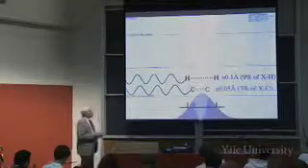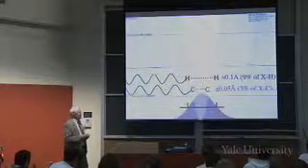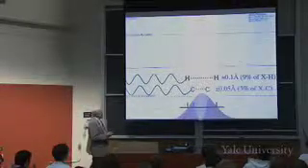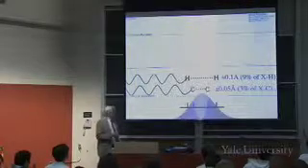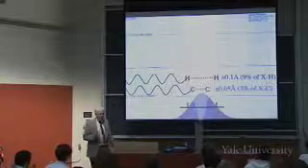So the hydrogen vibrates by 0.1 angstrom, 9% of the distance. The carbon vibrates only half as much, 3% of the carbon X distance. Okay? Just because of the mass difference.